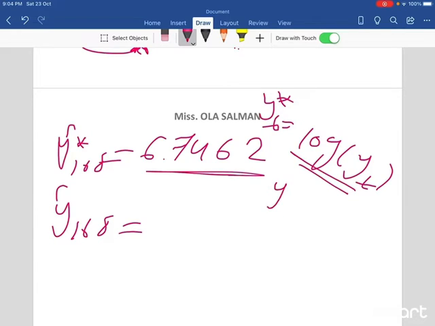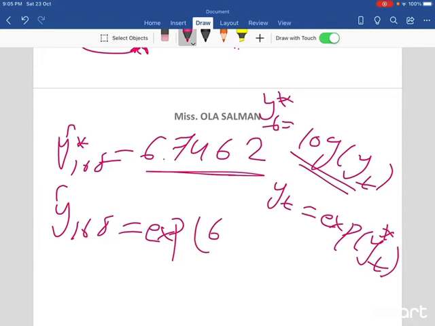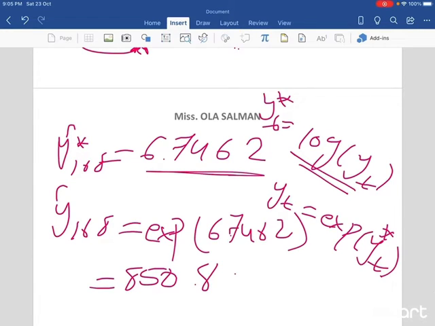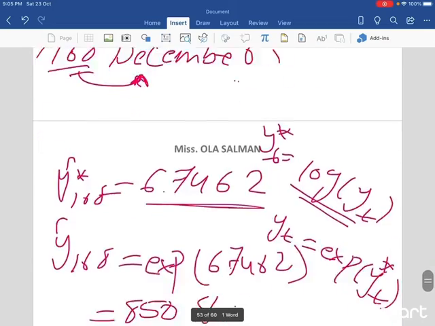Then if I need y of t, I will do the exponential of y star t. So here you will do the exponential for 6.7462. And the value will be 850.8. That's it. This is for exercise 5.